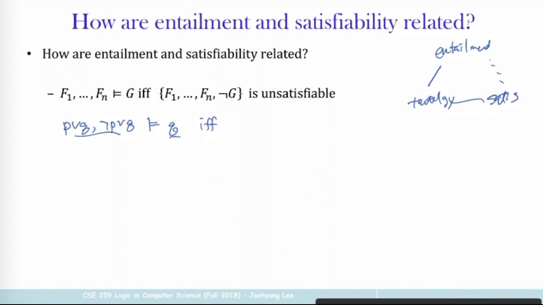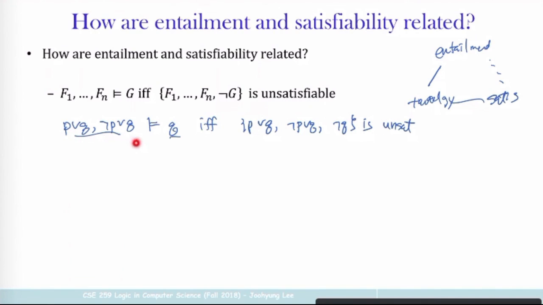According to this relationship that I just said, this is unsatisfiable. Okay? Which means if you know that this entailment is actually true, you can find that this set is unsatisfiable. Why? Well, because any interpretation that satisfies these two must satisfy this one, but if you put the negation, the interpretation cannot satisfy the negation. You get it? Let me repeat.